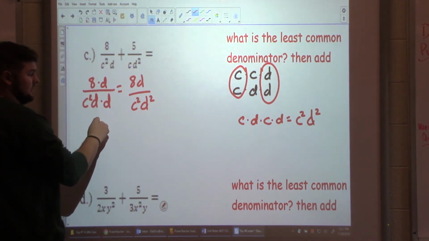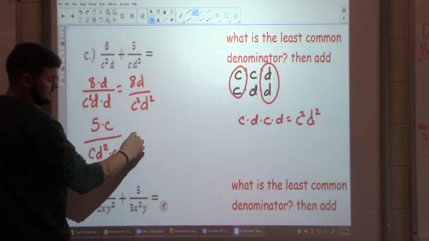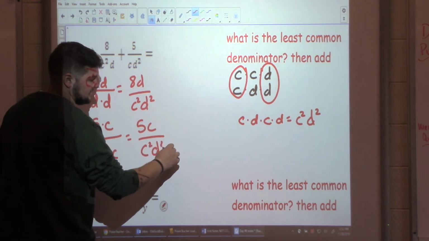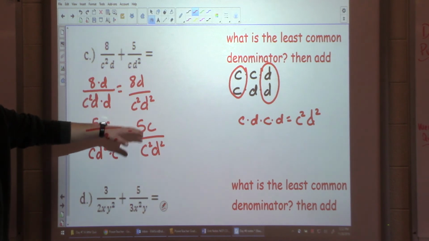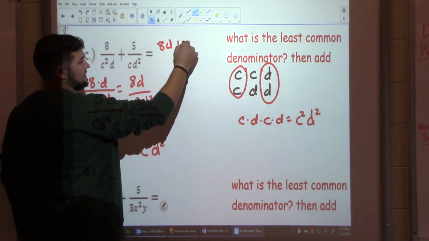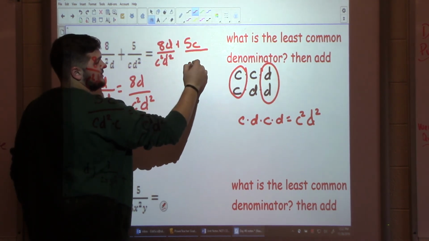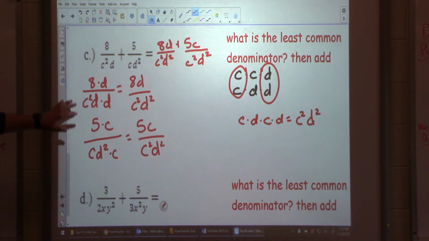C. Good. 5 times c over cd squared times c, which would be 5c over c squared d squared. Now I have common denominators. Now I can add them together. 8d plus 5c both over c squared d squared. Am I going too fast?